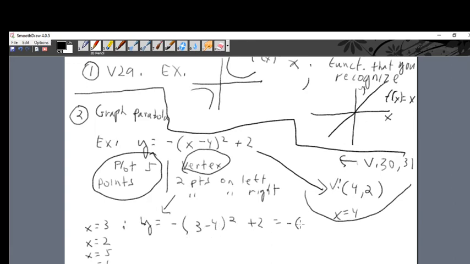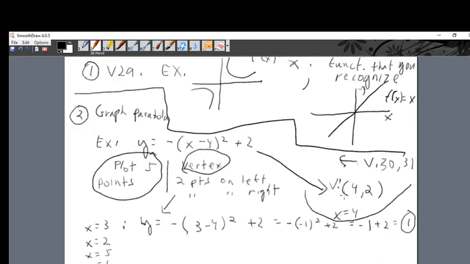It's negative 1, right? Negative 1 squared, minus negative 1 squared is just plain minus 1, plus 2. And what's negative 1 plus 2? 1. So it turns out if x equals 3, y equals 1.